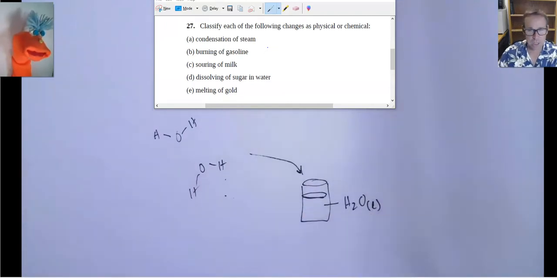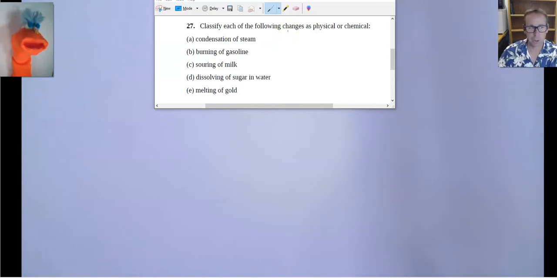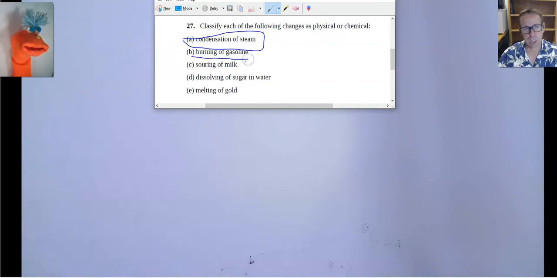The chemical formula hasn't changed at all. How about the burning of gasoline? Anything that's burning, that's a chemical change, right? That's right. Now, I can't remember, I think I said that this was a physical change, but that's correct. Condensation of steam is a physical change, but burning of gasoline, that's a chemical change.